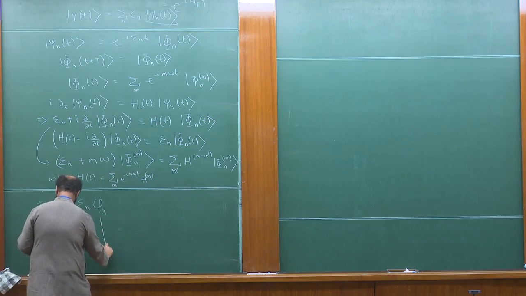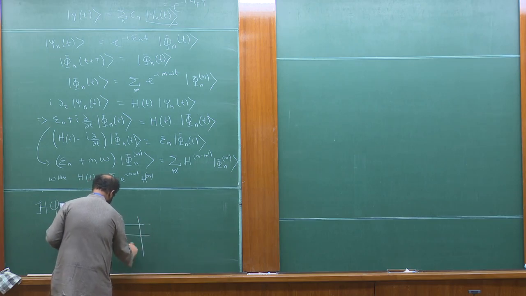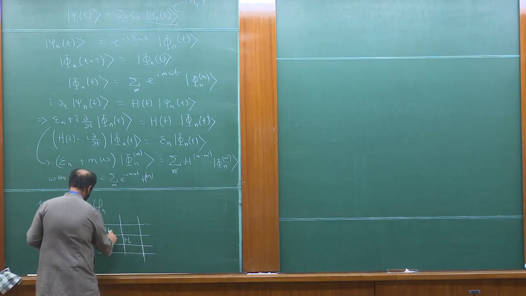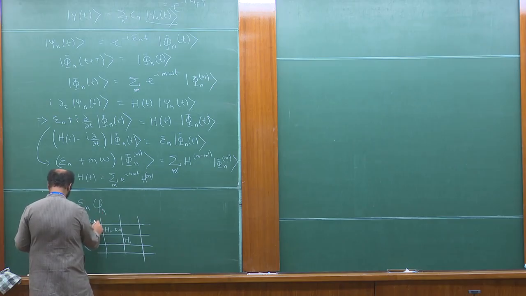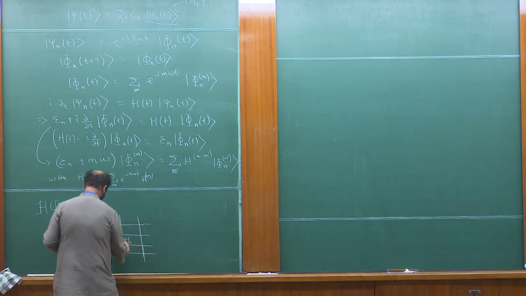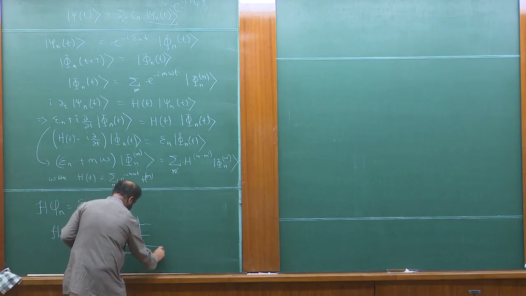So H has a structure. Let me try to give you that structure. Let this be H0. So H0 minus ħω, H0 minus 2ħω. Oh, sorry, plus. This is H0 minus ħω, and so on.